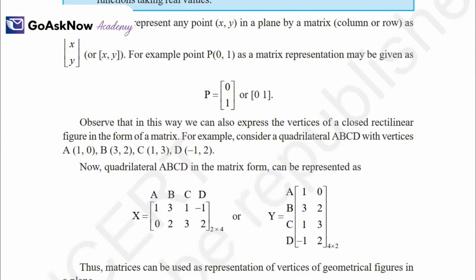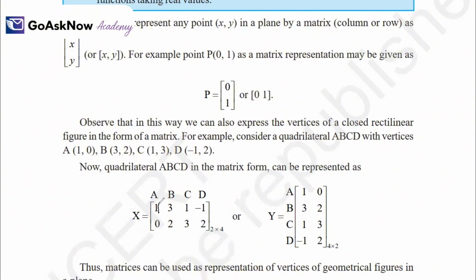Now the quadrilateral ABCD in matrix form can be represented as a matrix X, with the coordinates of A, B, C, D written with the X coordinate above and the Y coordinate below.